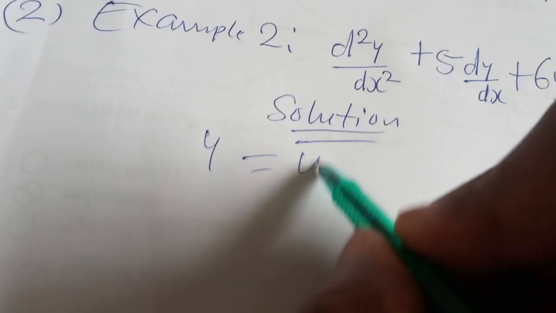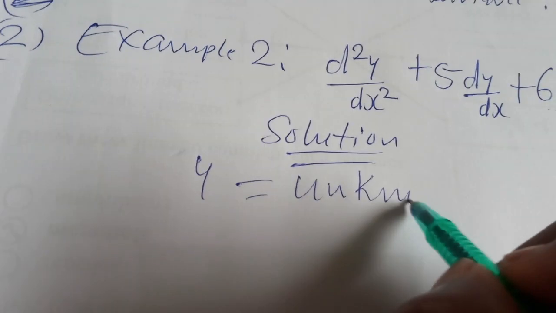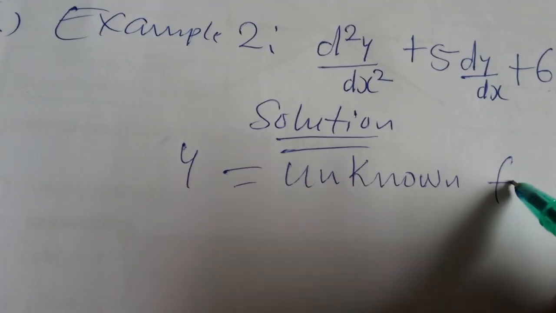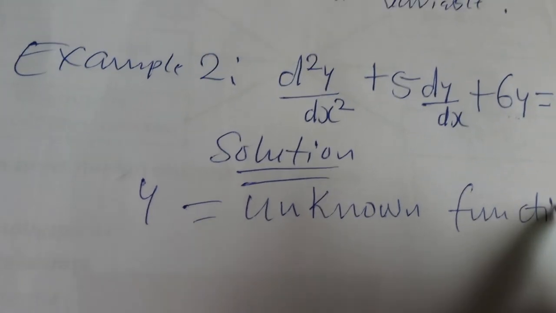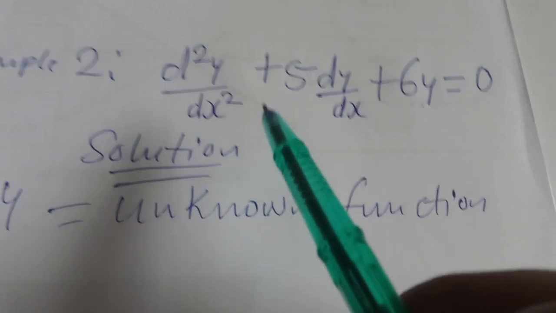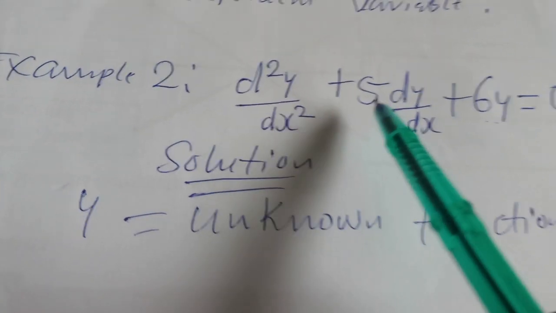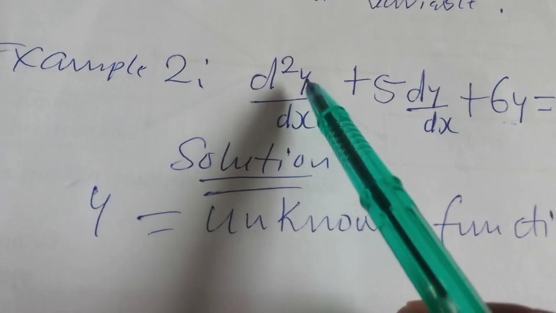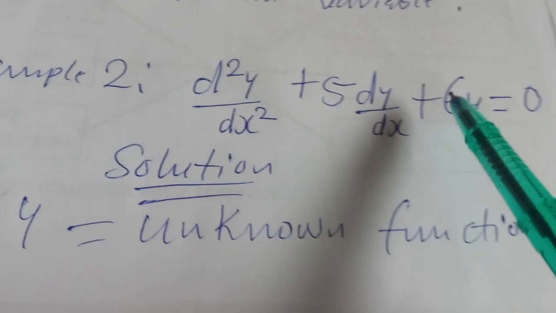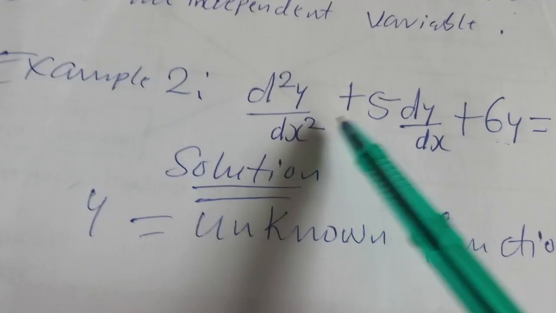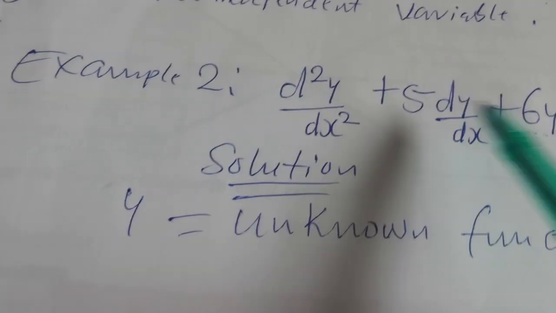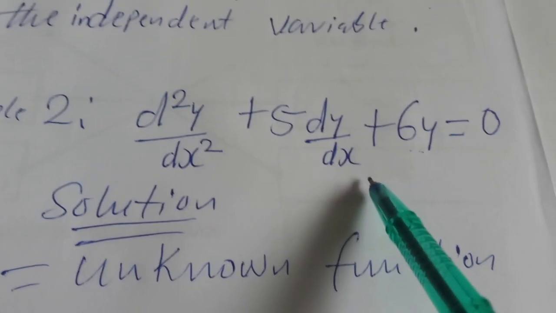Why do we say that y is an unknown function? Y is an unknown function because if you check all the terms here, there is y here, there is y here, there is y here. This y is the unknown function of this differential equation.